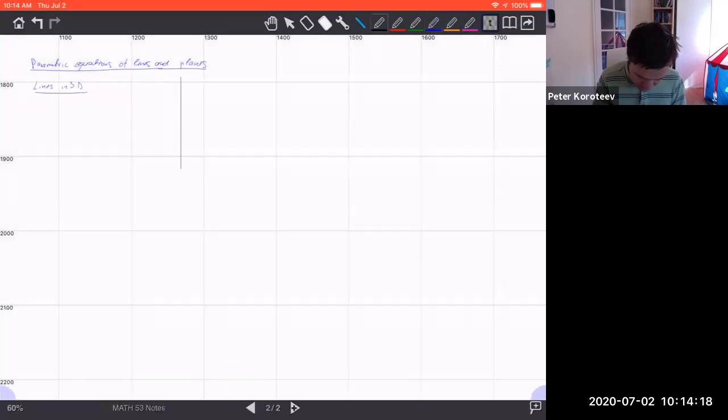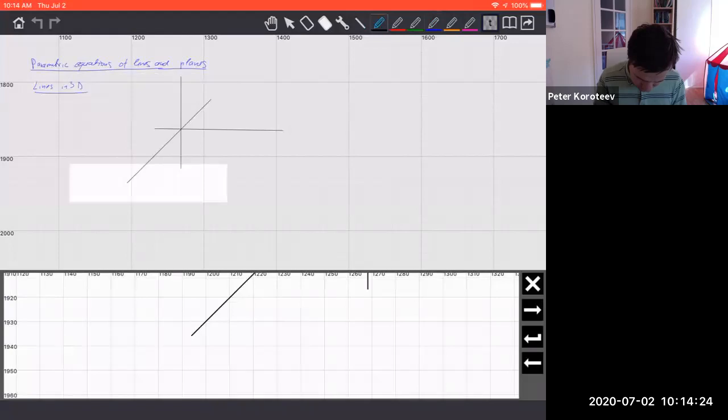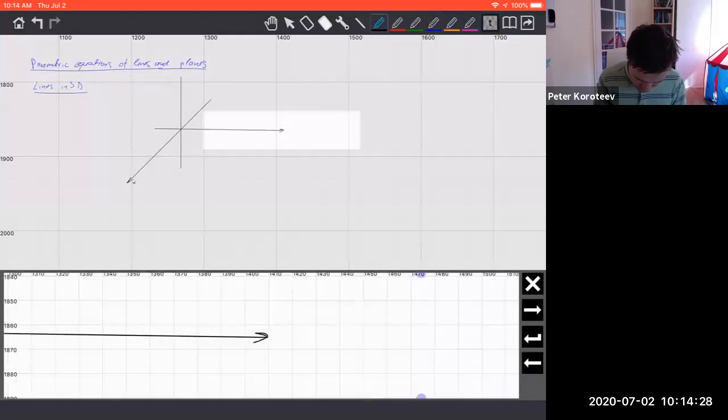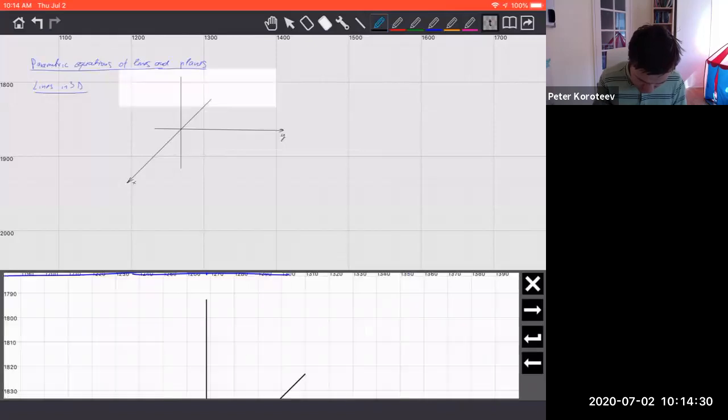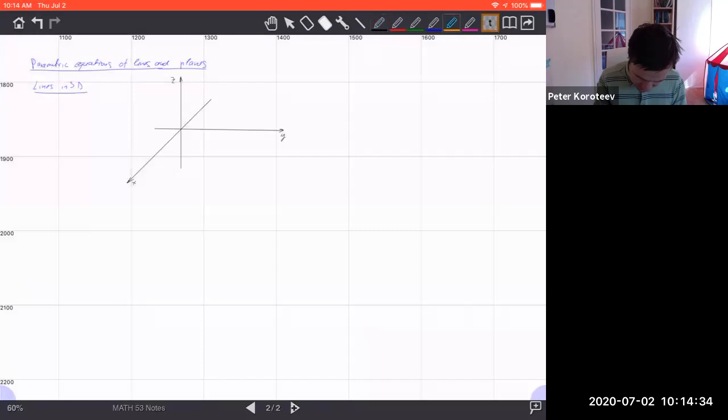Say we have the set of Cartesian coordinates X, Y, and Z. And then the line goes somehow like this.